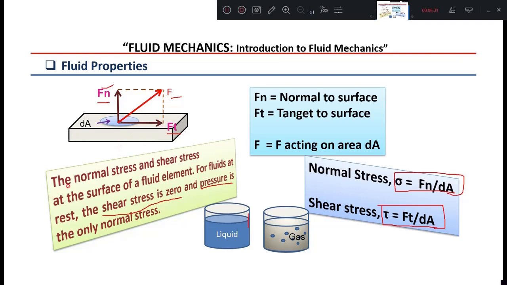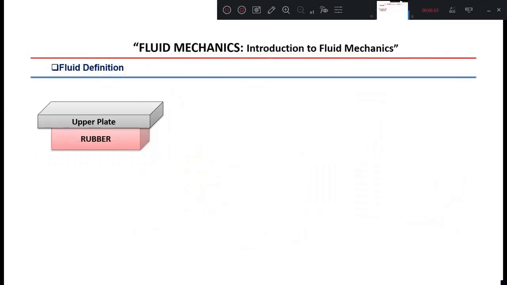So that's why it is given here: the normal stress and the shear stress at the surface of the fluid element. That is, for a fluid at rest, the shear stress is zero and the pressure is the only normal stress. Now say for instance we have two flat plates.